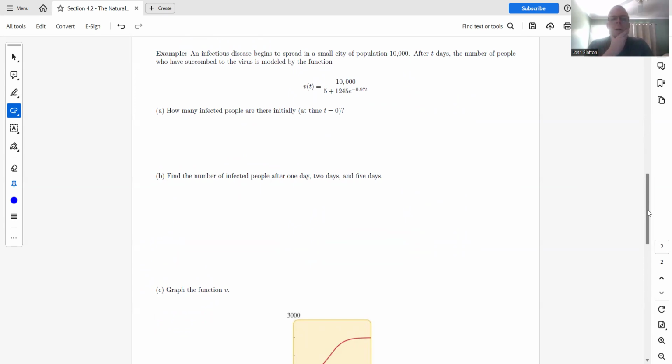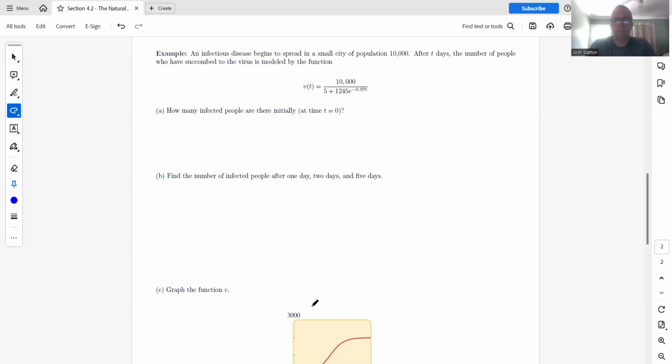But we do have several word problems like this where we have a very complicated function, and not one that you probably will be able to graph by hand and not expected to. So if one of these problems does show up on the test, it would just be these two parts to it. We're not going to talk about the graph as far as the test goes. But on homework, you do have access to the Desmos website or whatever website you want to use to graph these things.